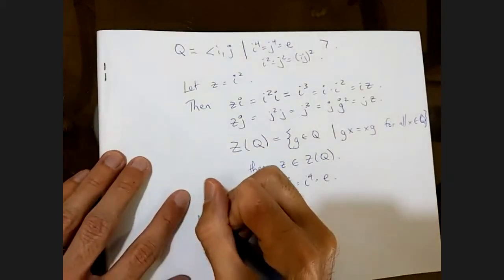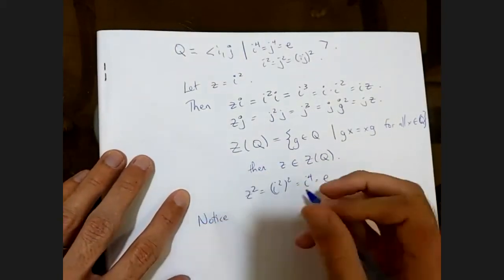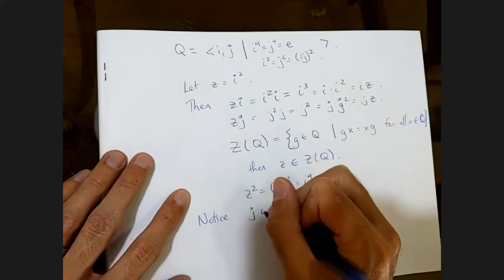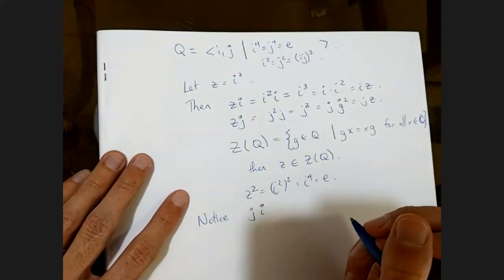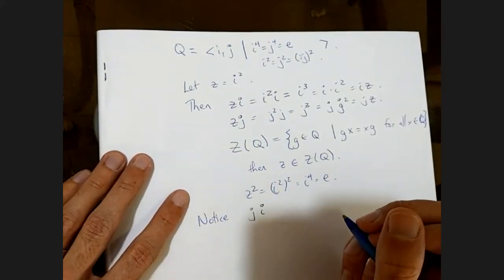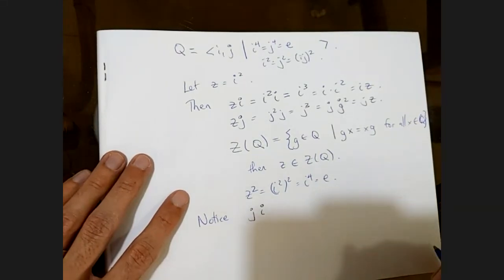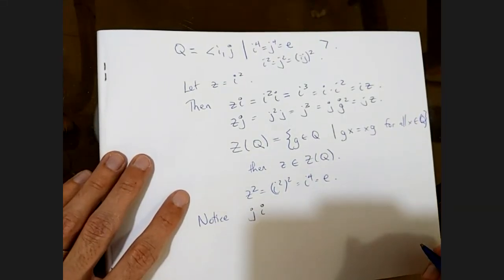Now notice there's a relationship between Ji and Ij.